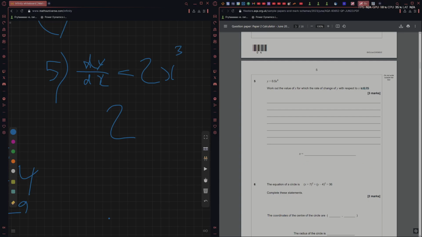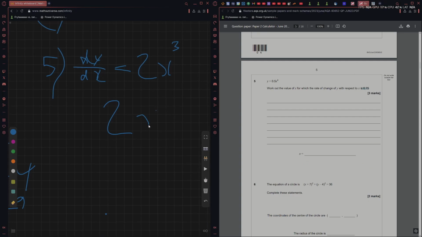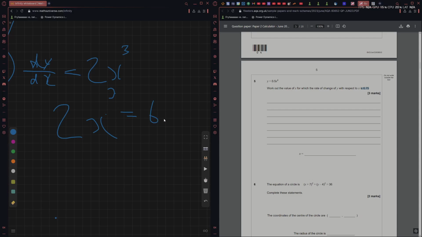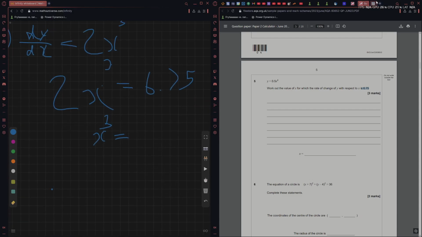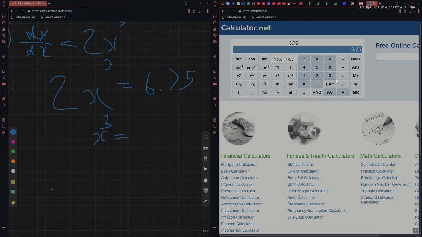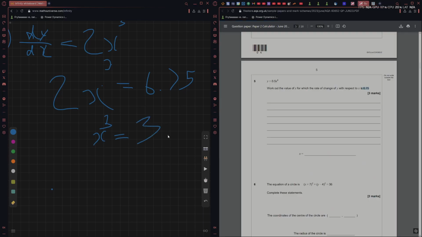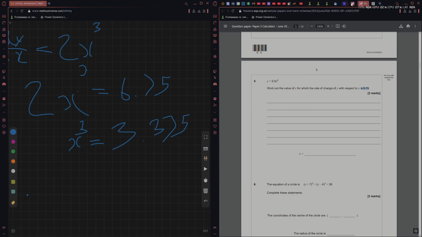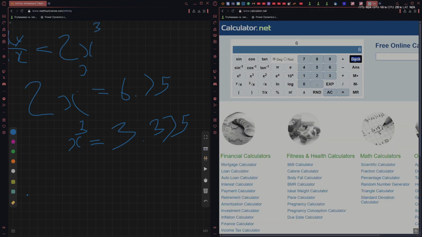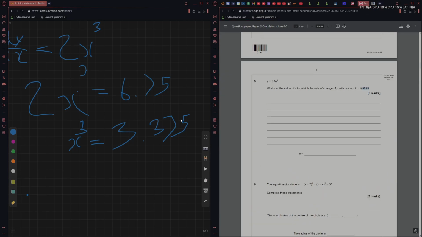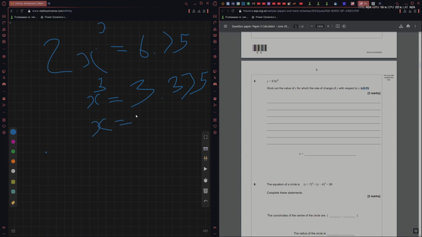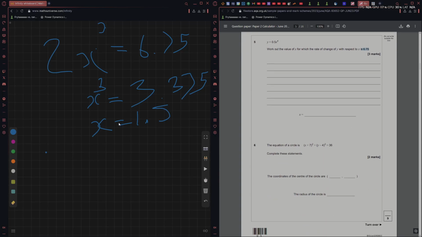We know the gradient is 6.75, so we know that 2x cubed equals 6.75. So x cubed equals 6.75 divided by 2, so 3.375. And then the cube root of 3.375 is 1.5. And we know that's the right answer because it would never be that concise if it wasn't 1.5. So let's go to question 6.